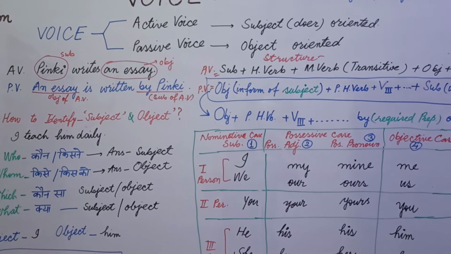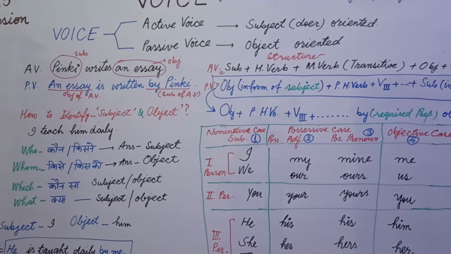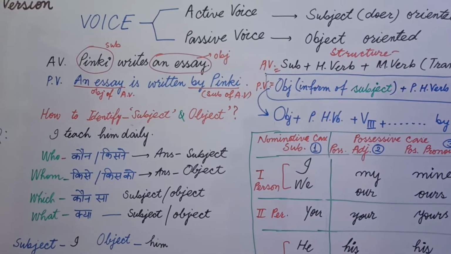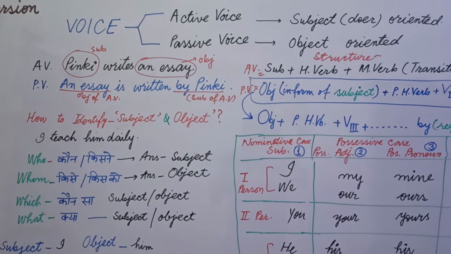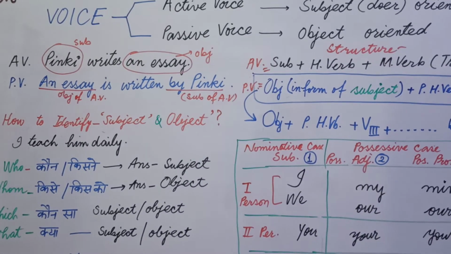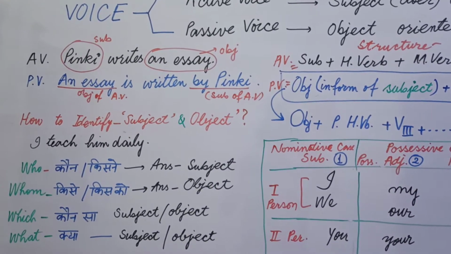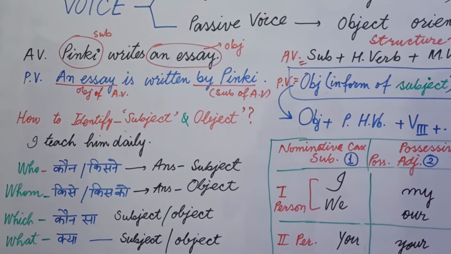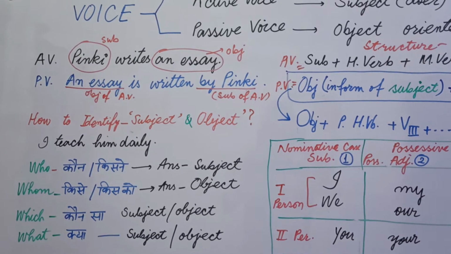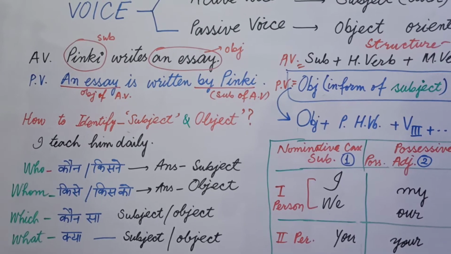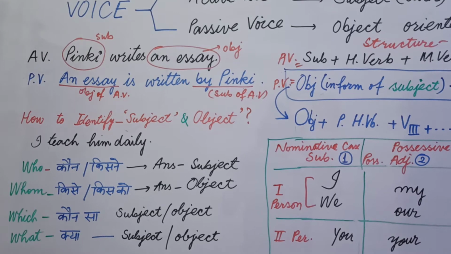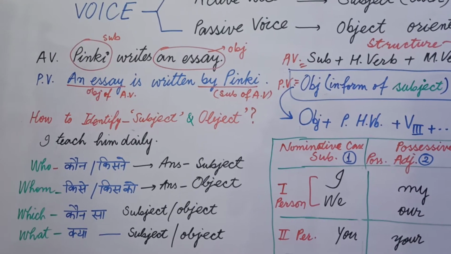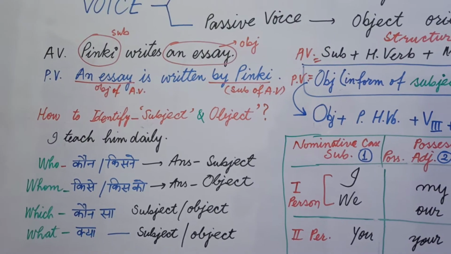We will study further, and let's see how we come to know what is subject and object. Suppose I have a sentence, Pinky writes an essay. When we transform active voice into passive voice, the first thing is we will have to identify what is subject and what is object. To identify this, we will go through the rules that I am going to tell you.